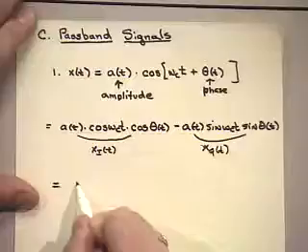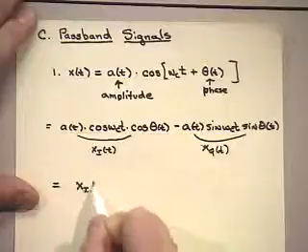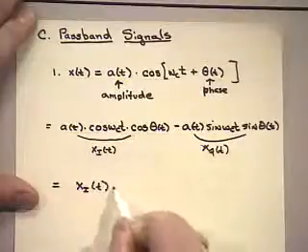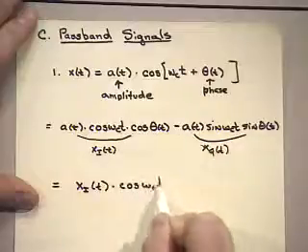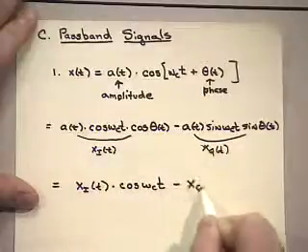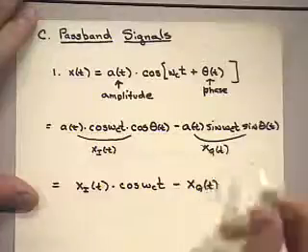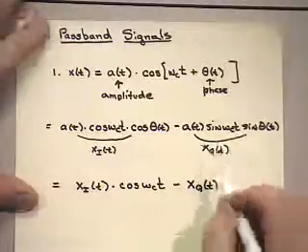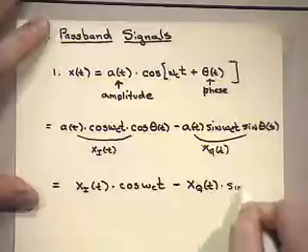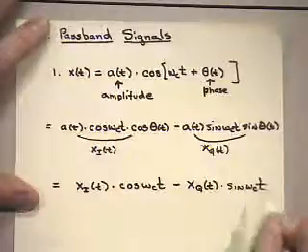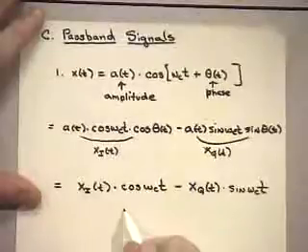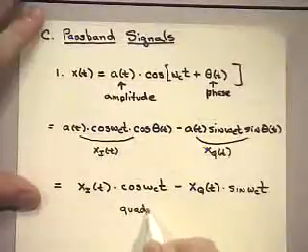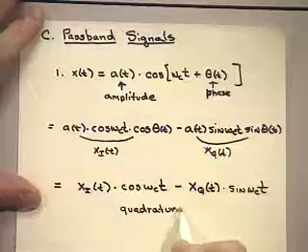So we could write this as x_I of t times cosine of omega_c t minus x_Q of t times sine of omega_c t. And this is called a quadrature decomposition.